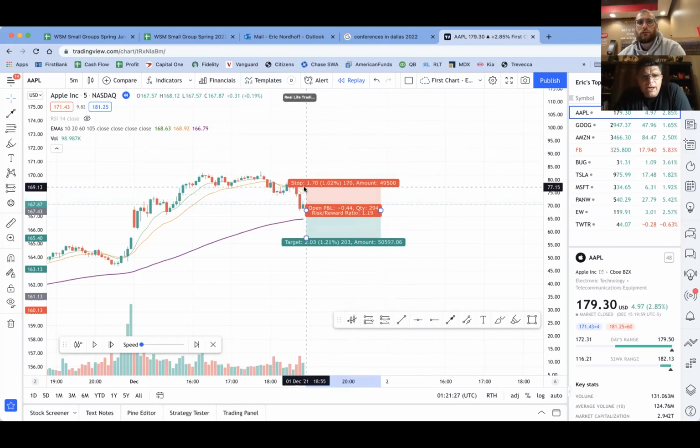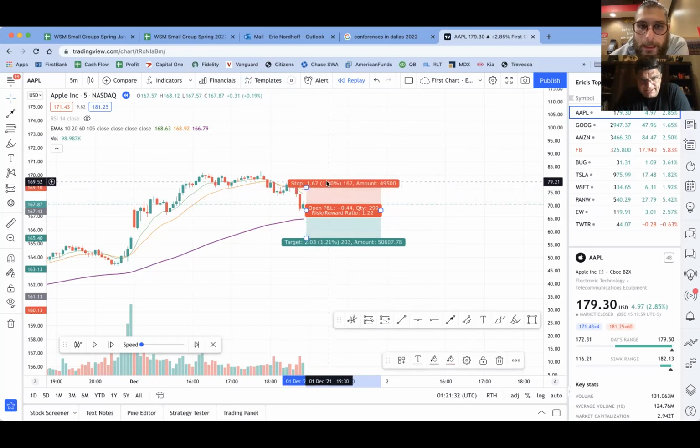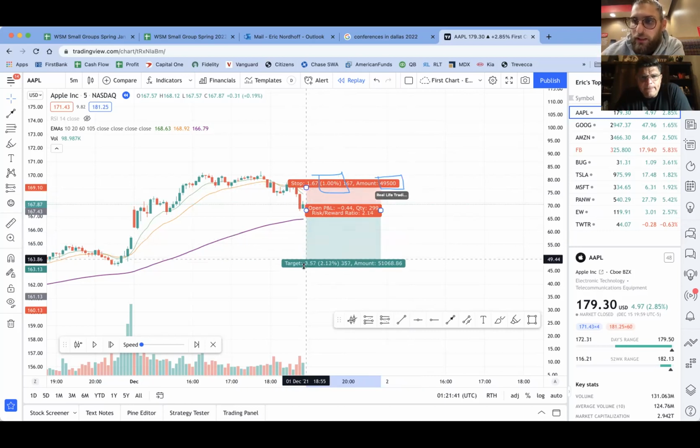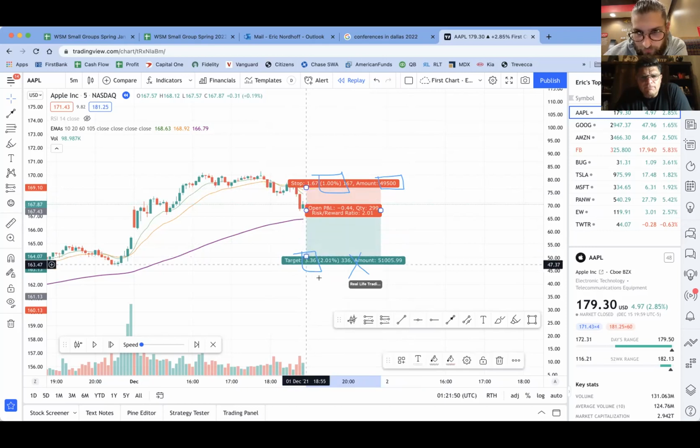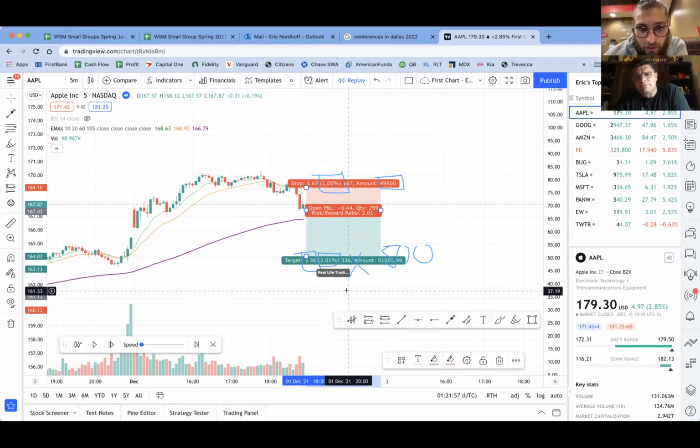So am I looking at percentages? Since I didn't set this up initially, is 1% what I'm looking for here? 1% is your stop, that's your 500 on a 50 grand account. This is where we get the P and L. This is 3.36 times 500.